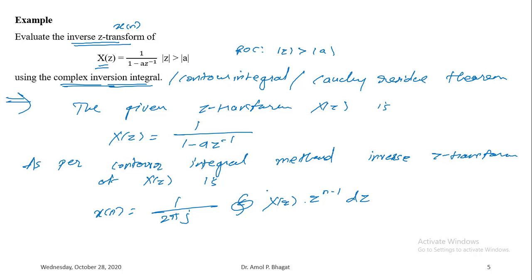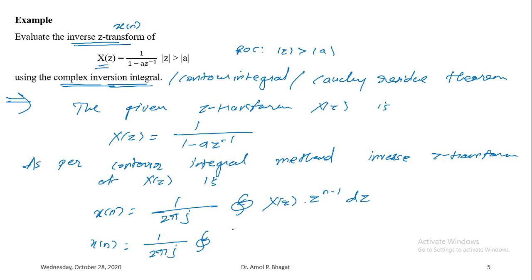So in place of x of z, you can substitute this value, 1 upon 1 minus a z inverse. So this x of n will be simply 1 upon 2 pi j contour integral.